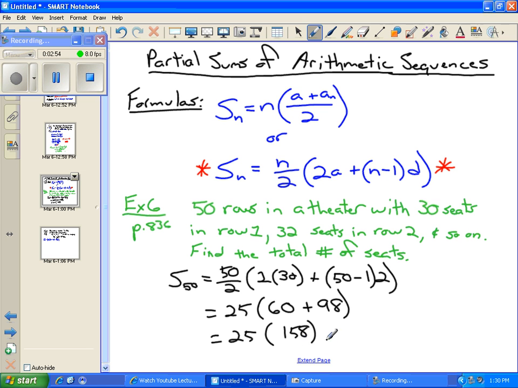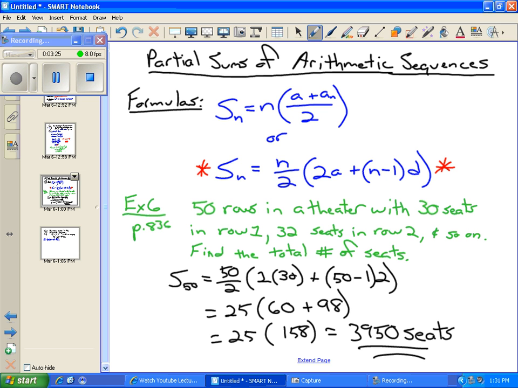And 25 times 158, you can do that on your calculator if you can't do it in your head. If you do that, you should get 3,950. Now what does 3,950 represent? Remember back here, the question is find the total number of seats. So in this theater of 50 rows, where the seat pattern in each row goes 30, 32, 34, and so on, there's going to be 3,950 seats. That's your answer to that example.